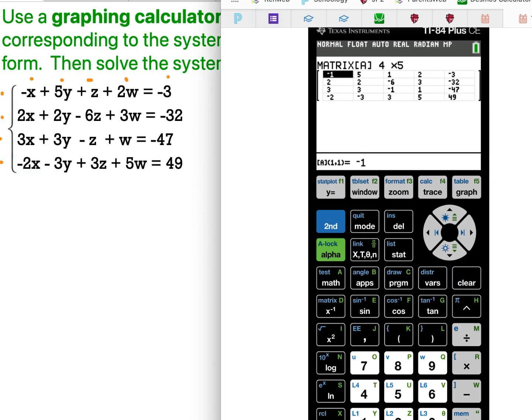Got it. Matrix A, the augmented matrix, all entered in. And I would like to use Gauss-Jordan elimination to put this augmented matrix in reduced row echelon form. If only this calculator were voice activated, but it is not.